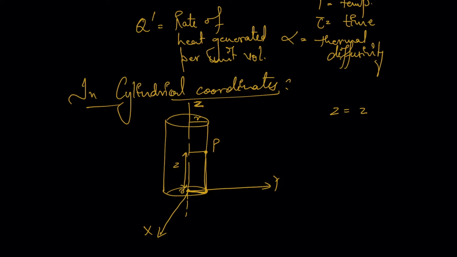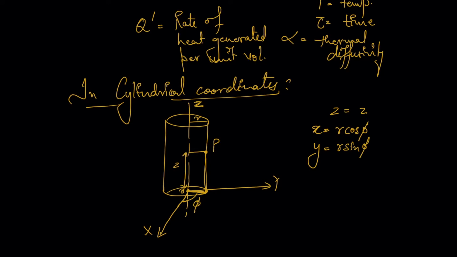Suppose this r is making an angle phi from the x axis. So we can write the x coordinate as r cos phi, and y is equal to r sin phi. This is the y component.